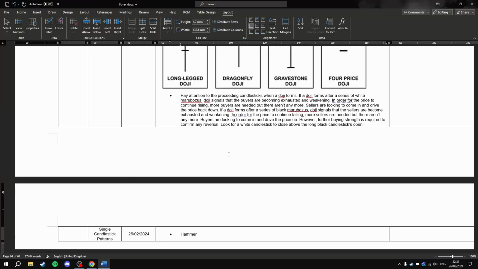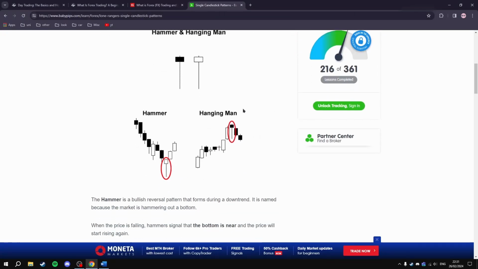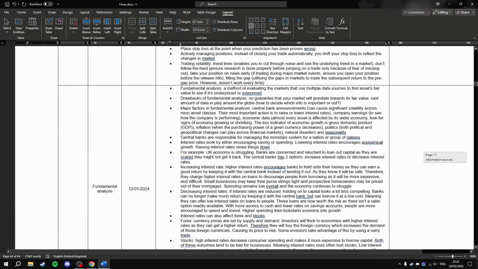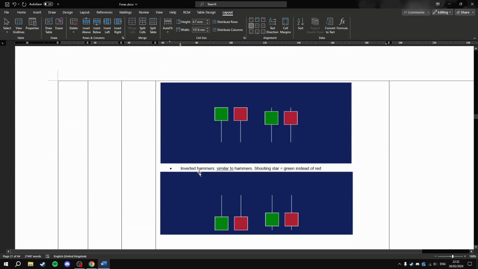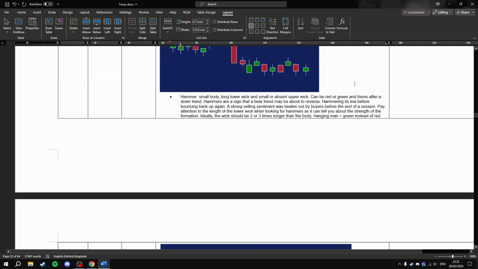So, hammer and hanging man. Hammer's here, hanging man's at the top like that. I wonder if that's what they called it in a previous lesson. There's also inverted hammers, and they called it shooting star.